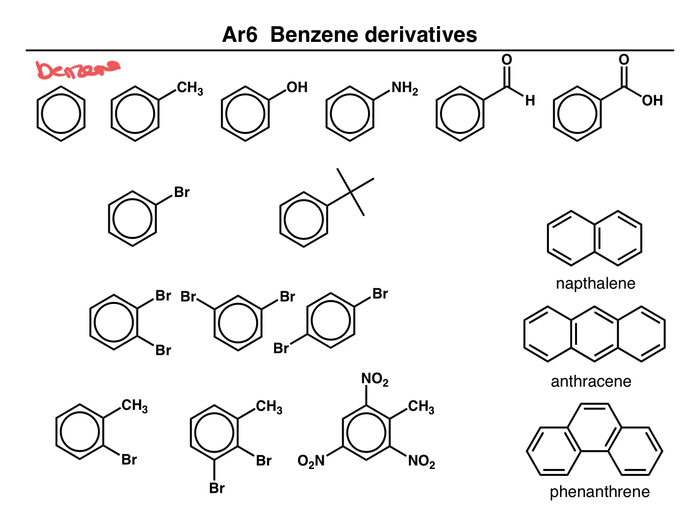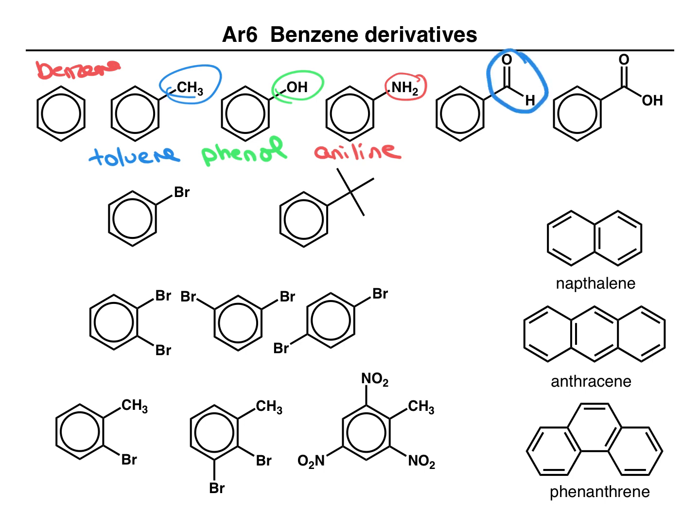The next compound where we have a methyl group replacing one of the hydrogens of benzene, this is called toluene. Where we have an OH replacing one of the hydrogens of benzene, this is called phenol. If we have an amine group, this is aniline. Where we have an aldehyde, this is called benzaldehyde.